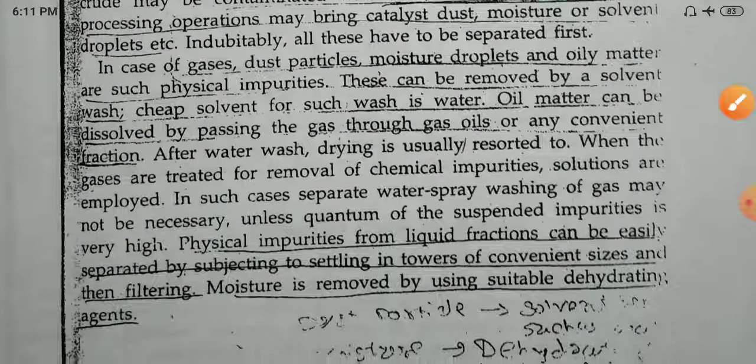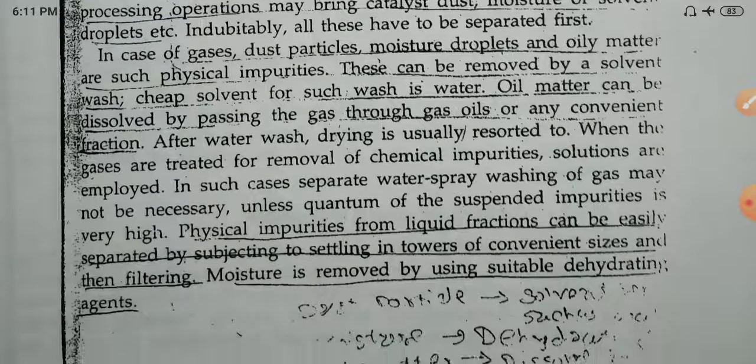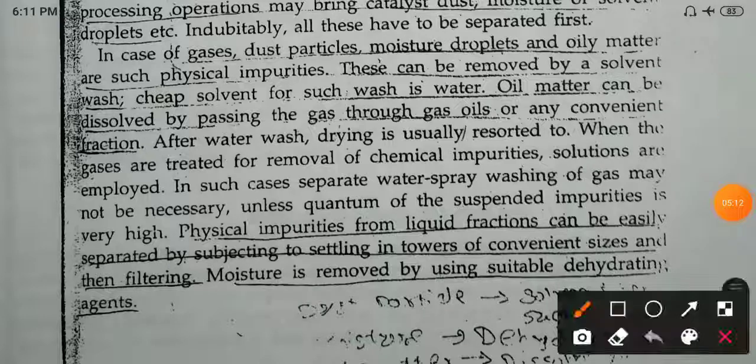In the case of mechanical impurities, જેમાં કઈ કઈ વસ્તુ આવશે? Contaminated with dust, mud and moisture content, and processing operations may bring dust, moisture or solvent droplets, etc. In all cases, these have to be separated first. In the case of gases, dust particles, moisture droplets and oily matter are such physical impurities.